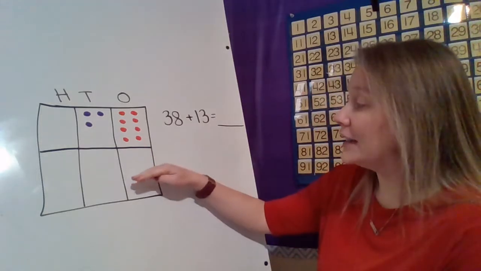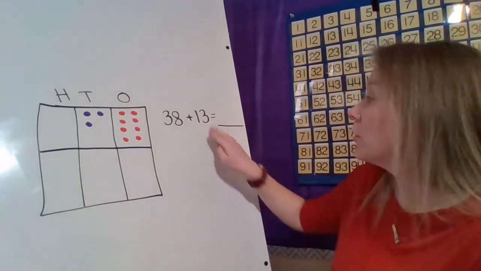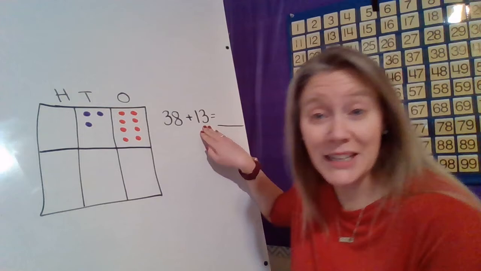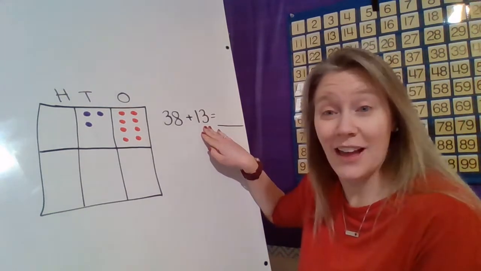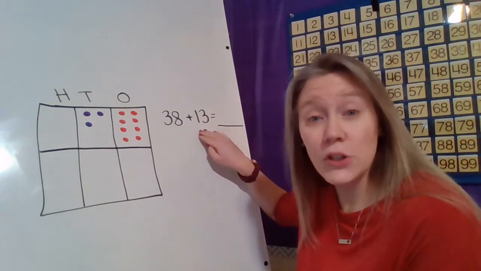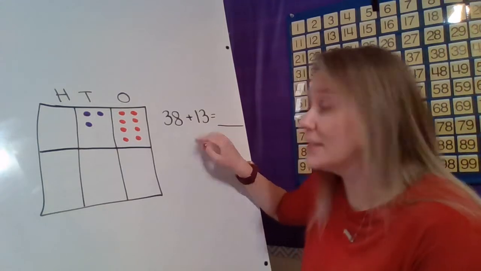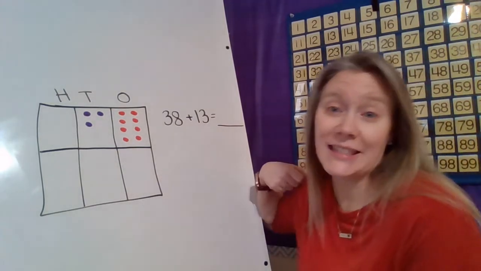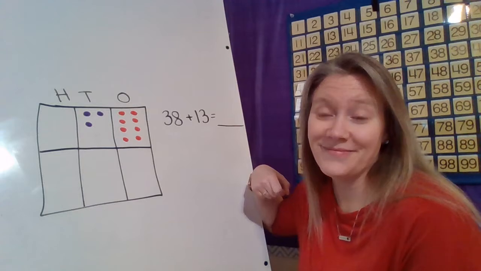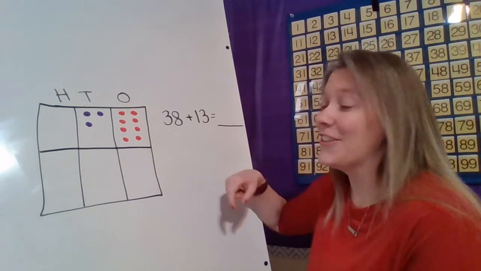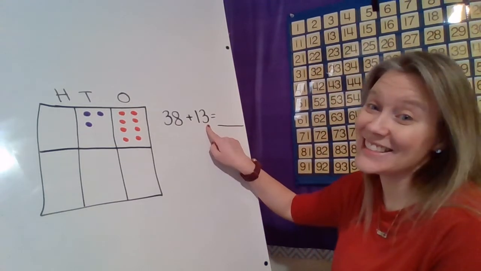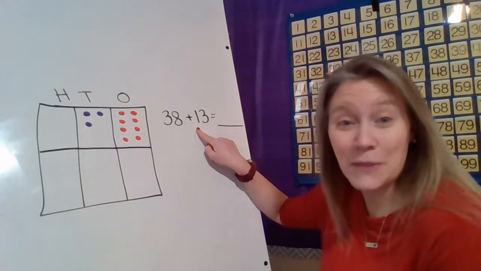Now, below the line, we are going to model the number 13 and what that looks like using place value discs. Before I draw it, I would like you to think about it. What does 13 look like? How is that represented on the place value chart using place value discs? If you said 3 ones and 1 ten, you would be right.